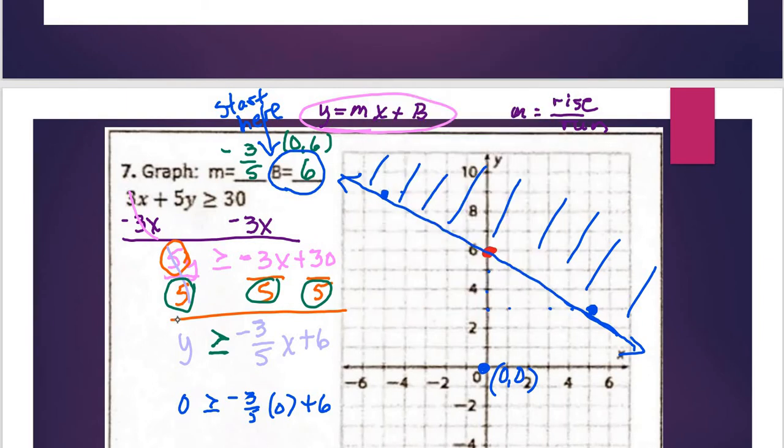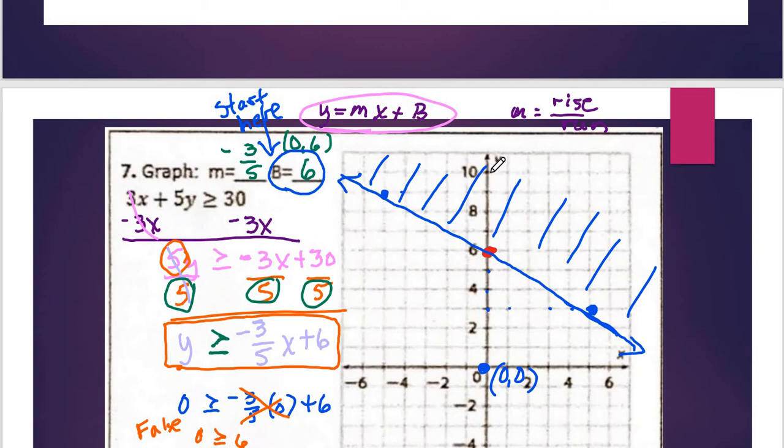So this right here would cancel out. And I have 0 is greater than or equal to 6, and this is false. And if this is false, because we're in the area that is not a solution, then that means that the solution will be found up here. And this is true. So now this is our answer for this one.